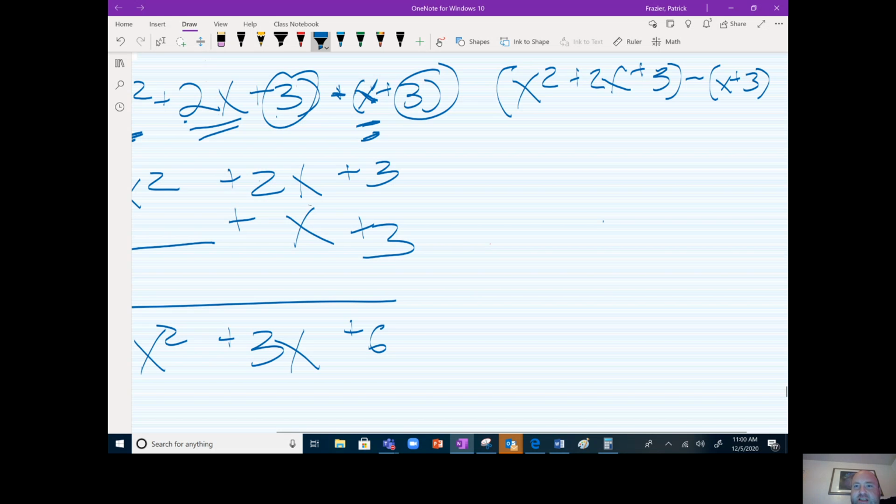In that event, we're going to distribute the negative. That's negative 1 for all intents and purposes times x. And then the negative times positive 3, well, that's now negative 3.